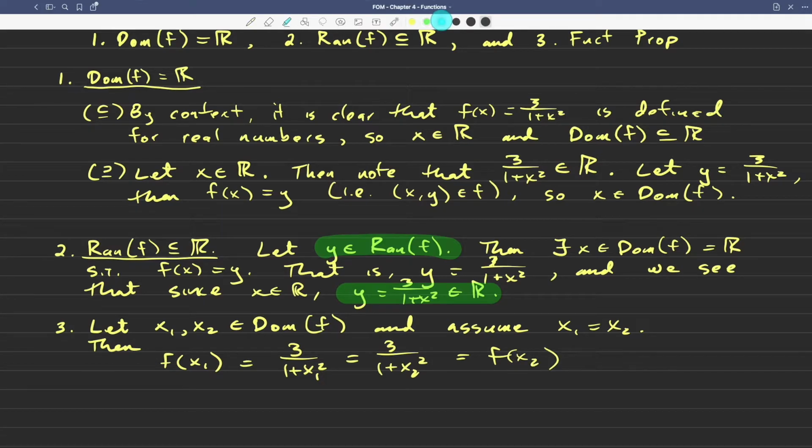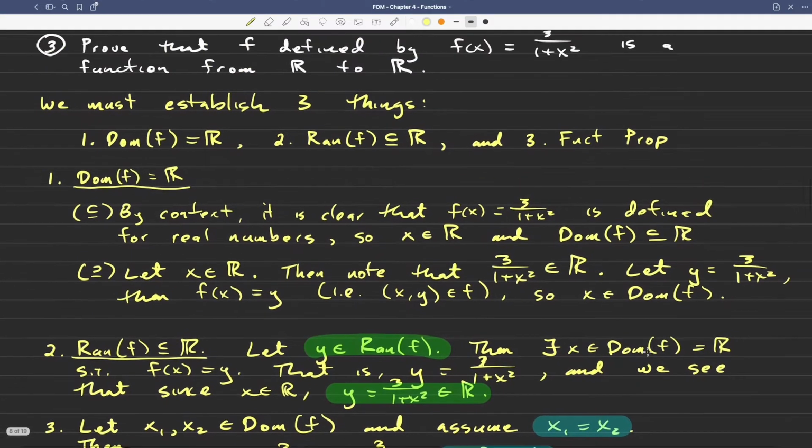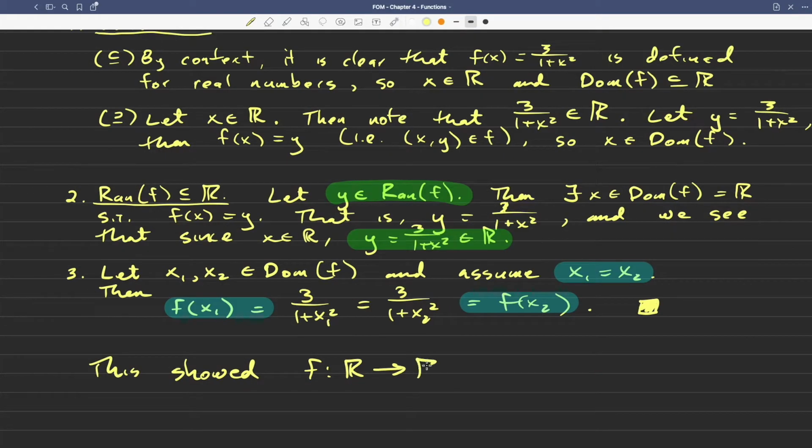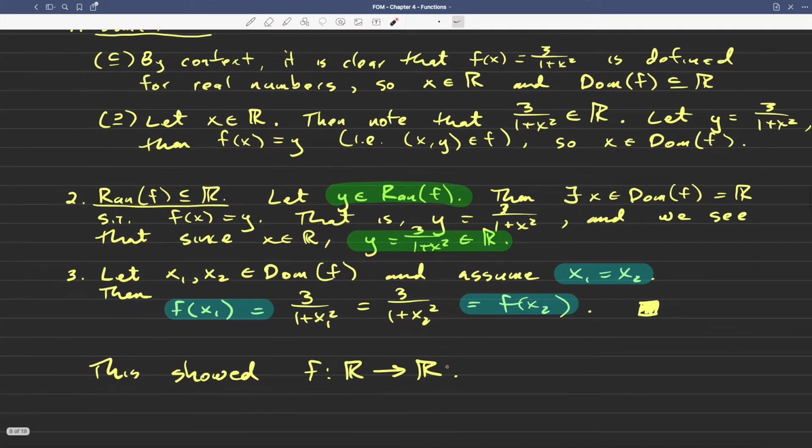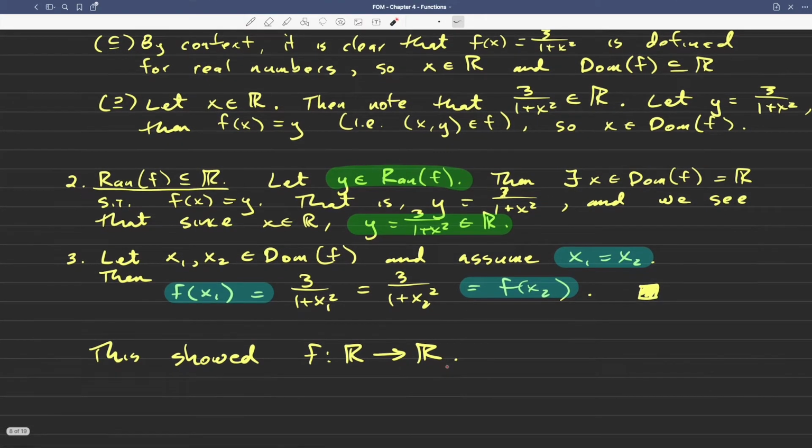So the broad strokes here are we started with x1 equal to x2, and then we argued that f of x1 equals f of x2. And so that establishes the function property, and we're done proving that f is a function from R to R. So every time you see that notation and someone says prove it, you have to prove three things: the domain is the A set, the range is contained in the B set, and it has the function property.